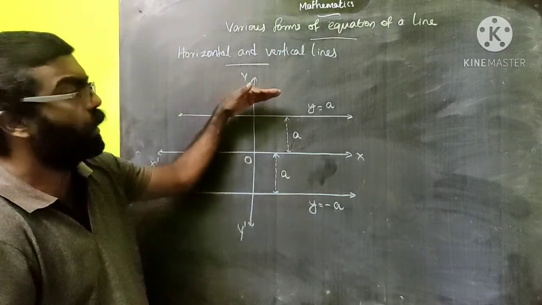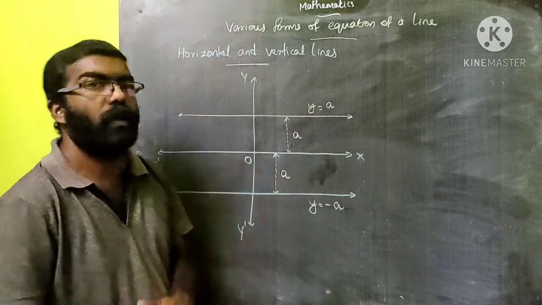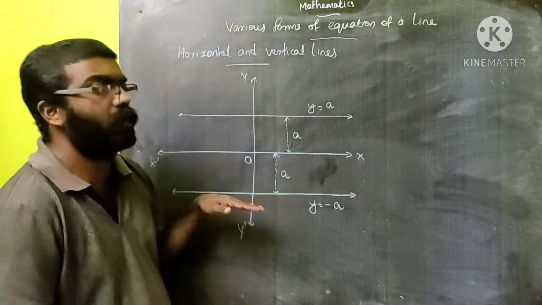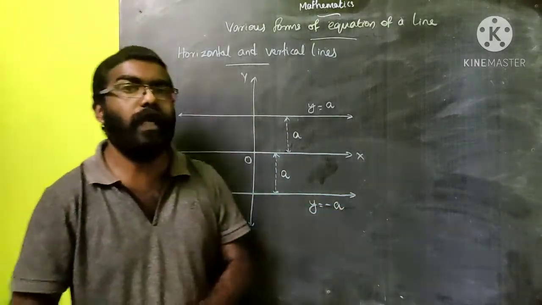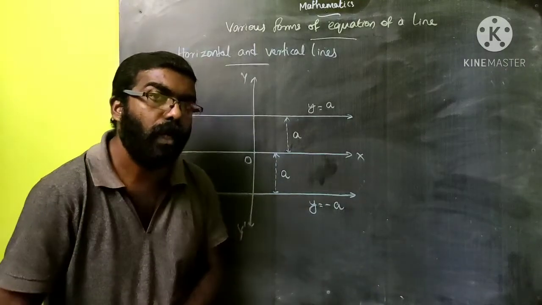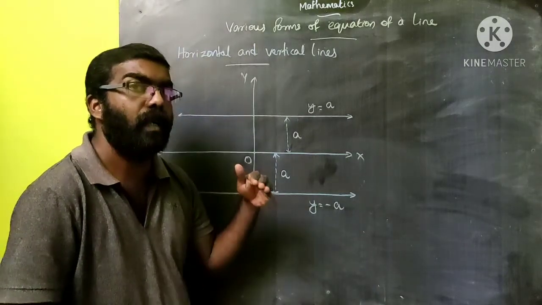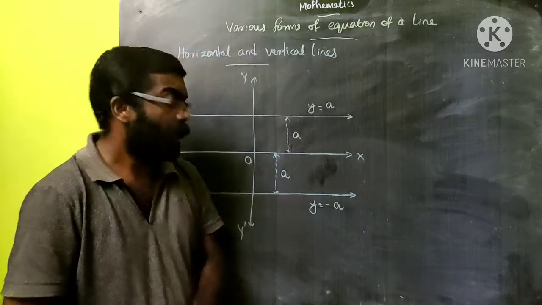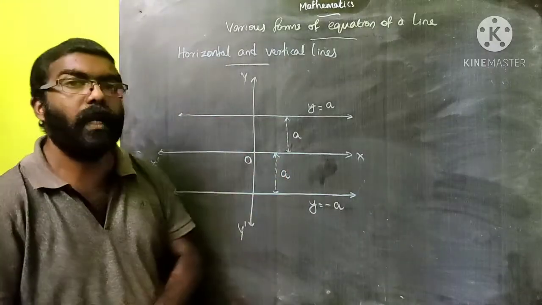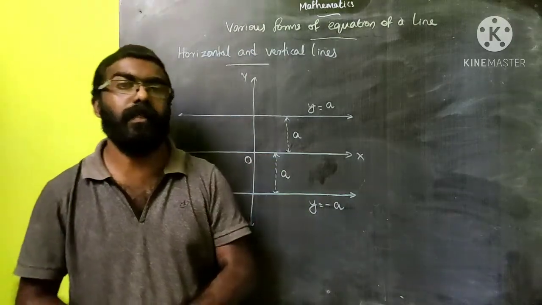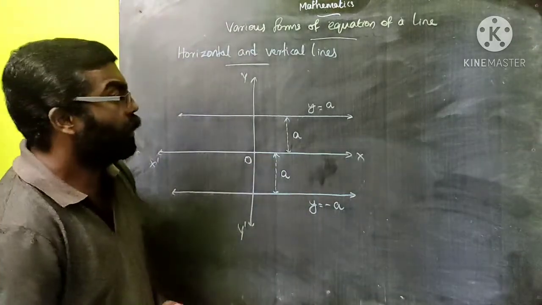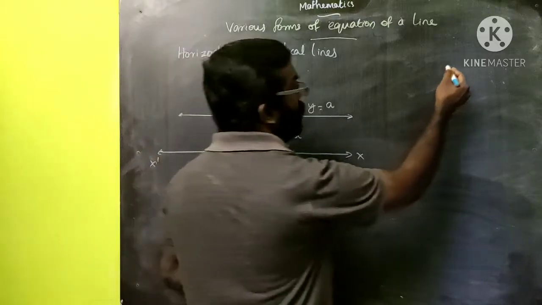If it is above the x-axis, then it is positive, and if it is below the x-axis, then it is negative. So y is equal to a is a line which is parallel to x-axis when it is above the x-axis, and y equal to minus a is a line which is parallel to x-axis when it is below the x-axis. Clear? Now we can consider the vertical lines.